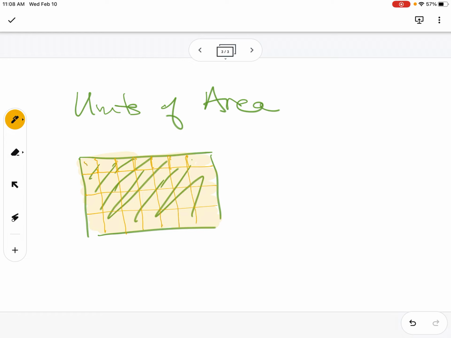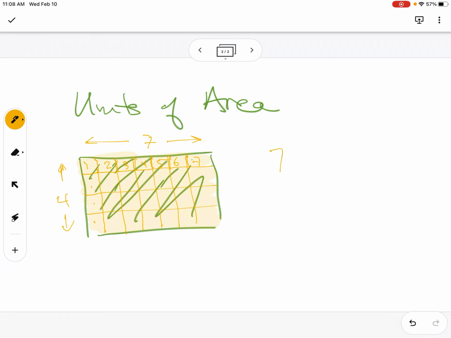So in this shape, I could say there's 1 square, 2, 3, 4, 5, 6, 7. Well, to make this faster, I could add them all up. But let's count. I've got 7 squares across the top and 1, 2, 3, 4 squares down the side. So if I've got 7 squares across this way, 4 squares up and down this way, that means I've got 4 sets of 7. 7 in the first row, 7 in the second row, 7 in the third row, 7 in the fourth row.